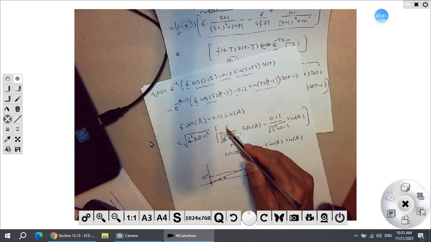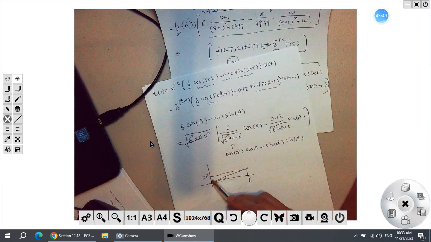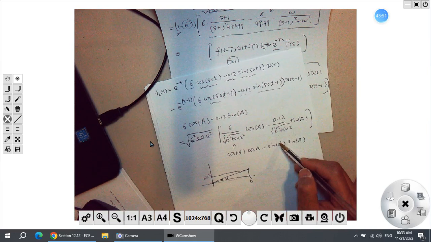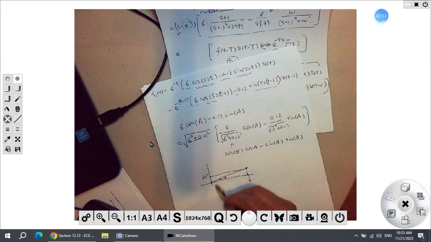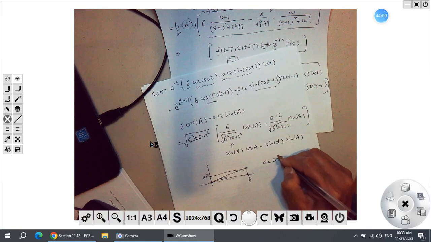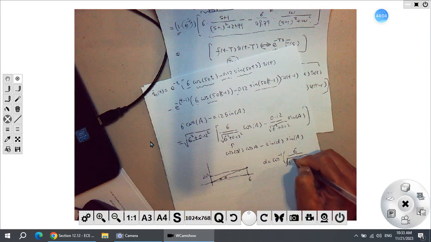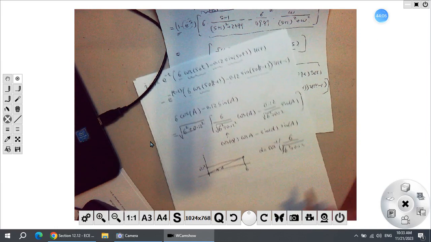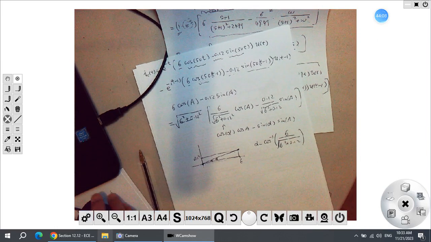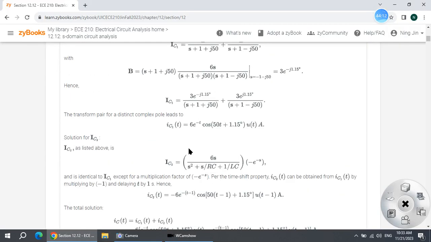And 6 over this is cosine, and 0.12 over this is sine. So alpha is the inverse cosine of 6 over the square root of 6 squared plus 0.12 squared. Yeah, we can have this. Okay, I don't want to do it. Just keep it.